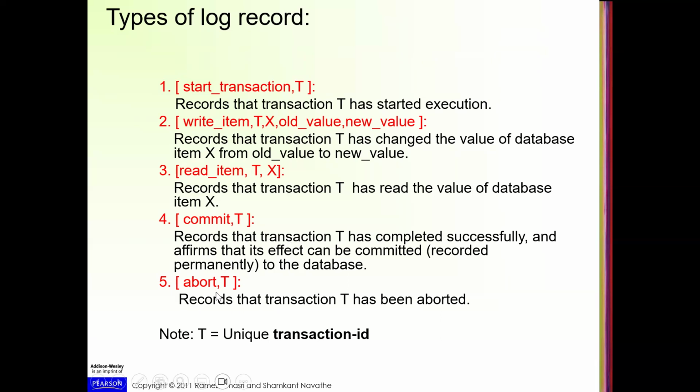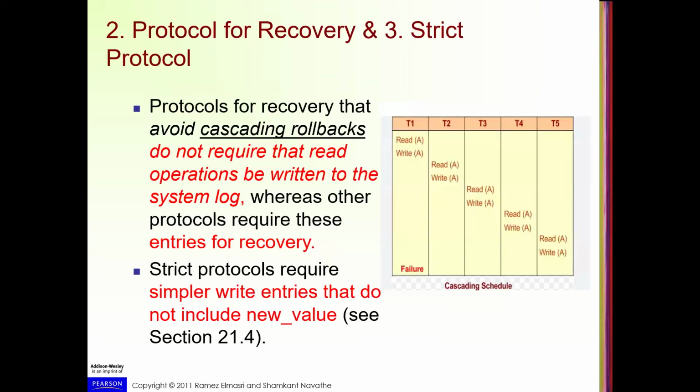Abort, transaction T, records that the transaction T has been unsuccessfully completed, and hence it is aborted. The T is actually the unique transaction ID. So instead of T, you will see something like transaction T100. So this is the ID of the transaction. How many types of log records do we have? 5 types of log records we have.